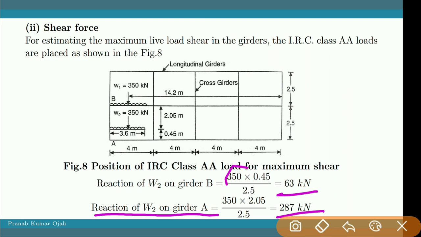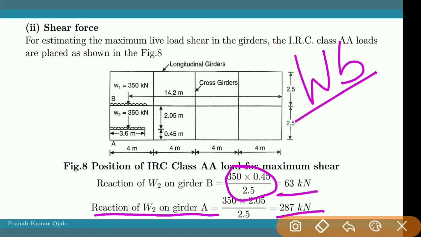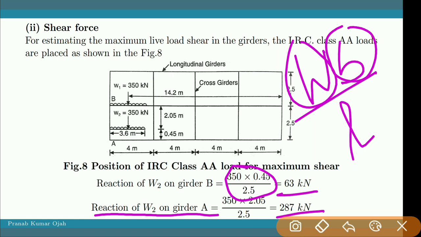So these expressions are similar to the calculation of support reactions. We have a formula to calculate the support reaction, W into B by L. W is the load, B is the distance of the load from the other support, not from the support where I am calculating the reaction.